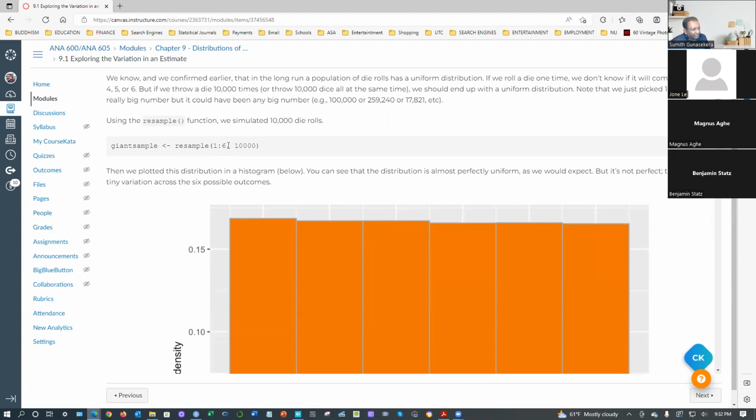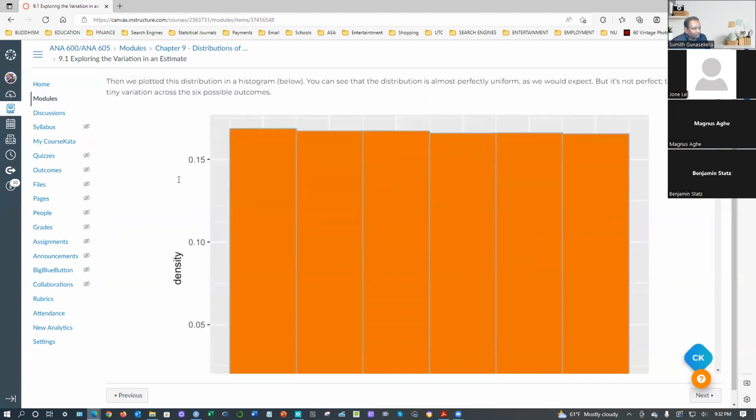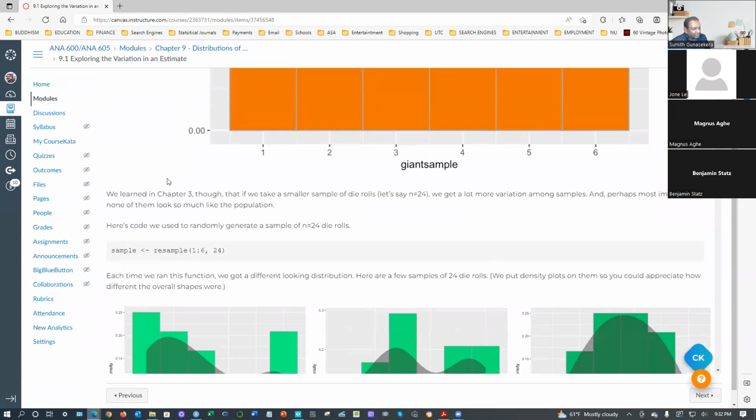Otherwise, you cannot get this done after the sixth entry, because you want to do this 10,000 times. If you don't put it back, without replacement, you cannot move forward. So you use resample: resample 1 to 6, and then 10,000 times. If you do this, that will show you the population.